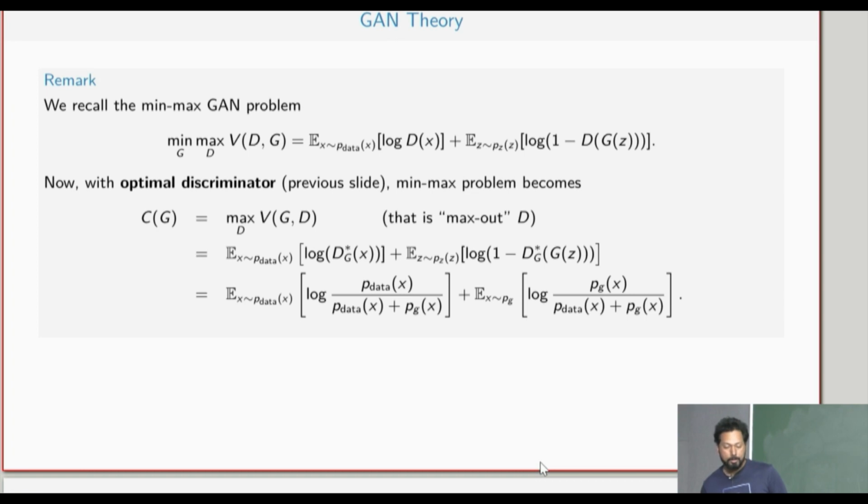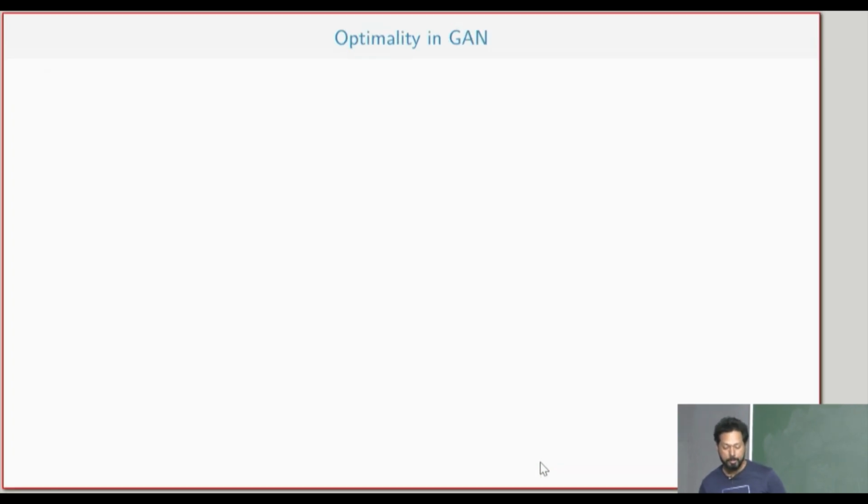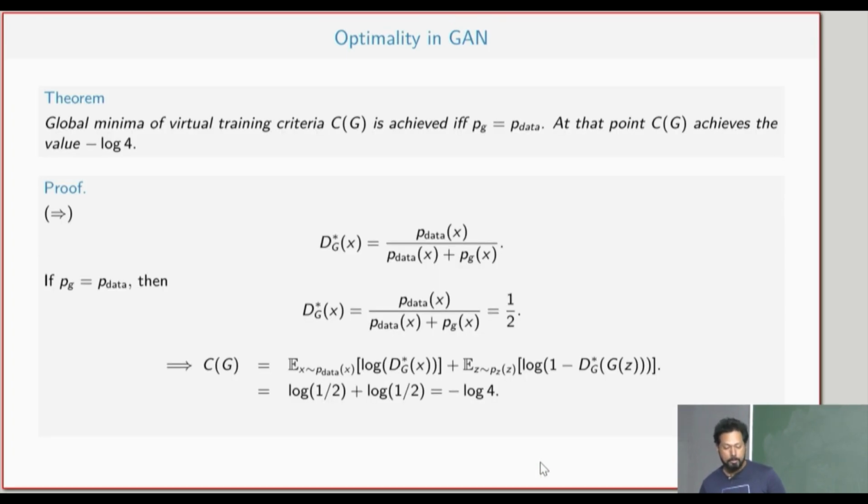This is when I substituted the optimal discriminator, and this log 4 term shows up. So the global minimum of the virtual training criterion C(G) is achieved if and only if pg equals p data. What this is saying is that the global minimum will be achieved because we have solved for the maxima, which refers to the discriminator.